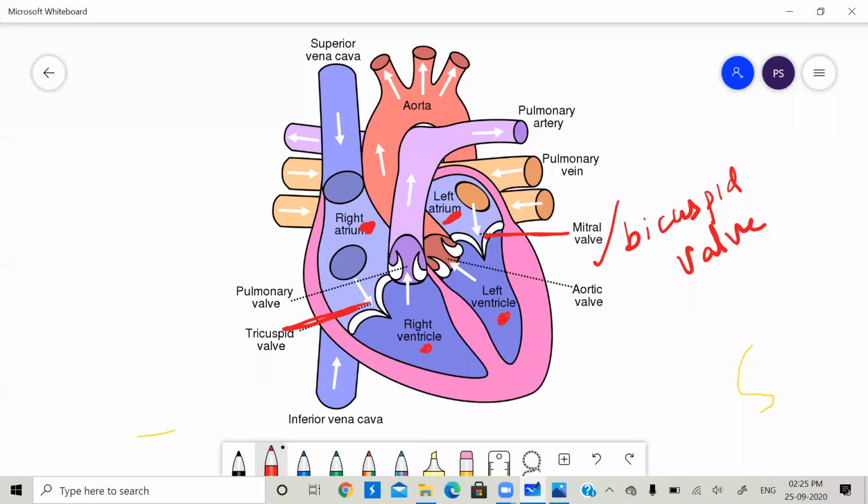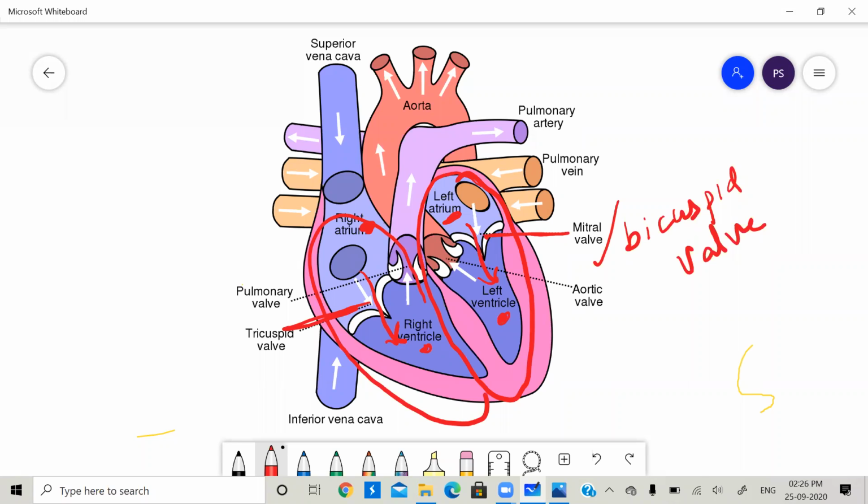Blood flows from auricles to ventricles. The heart is divided into two equal halves, the right and left sides of the heart. This is the left auricle or left atrium, left ventricle, then right auricle and right ventricle.